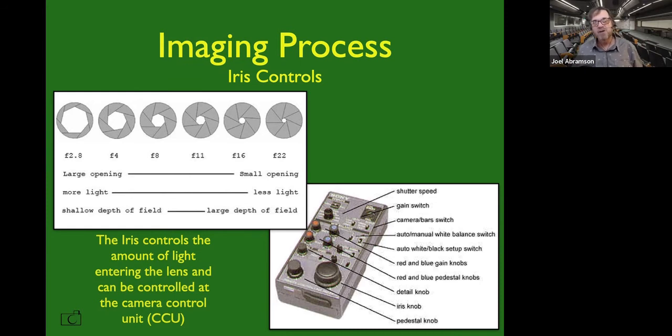A large depth of field might be from here to here is in focus, and a shallow depth of field might be like, well, now we're only going to have this much in focus, right? That's a shallower depth of field, right? And the iris helps us control the depth of field. On the bottom right is a CCU, and our CCU looks similar to that too. And we can mess with it during lab and show you how we can adjust the iris on that.